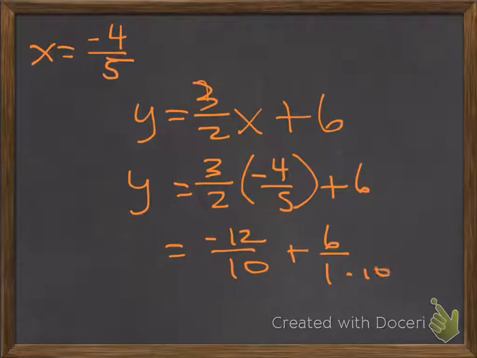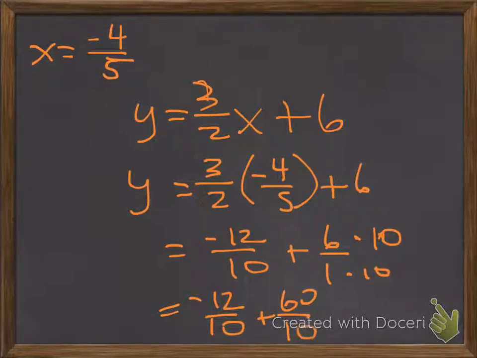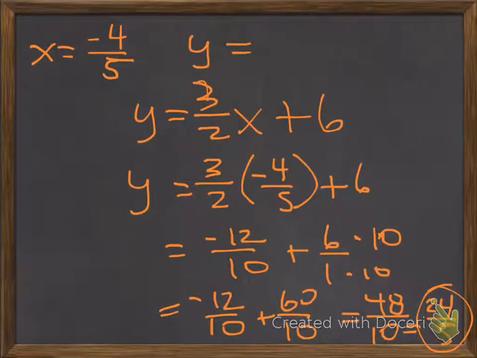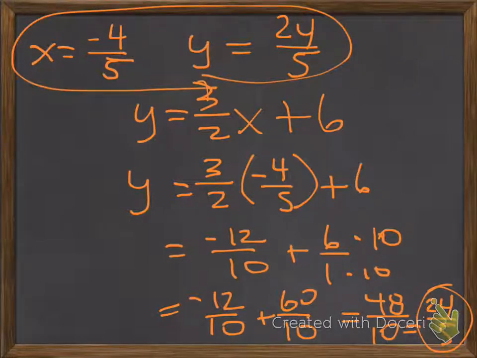Get a common denominator. Negative 12 over 10 plus 60 over 10, which is 48 over 10, or 24 over 5. So y would be 24 over 5. And that would be our orthocenter.